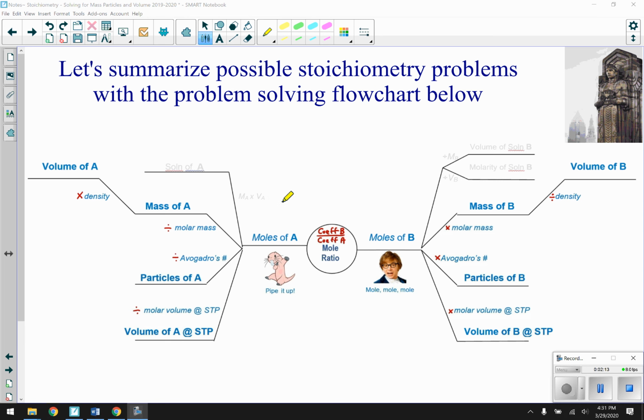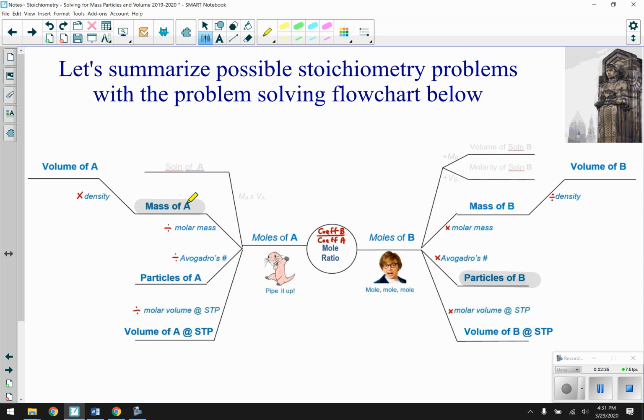Sample problem number 3 was a mass of A to particles of B. So let's follow that on our flowchart and see what we need to do to get from here to here in our stoichiometry problem.